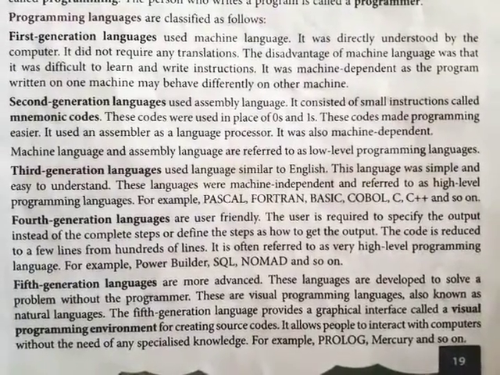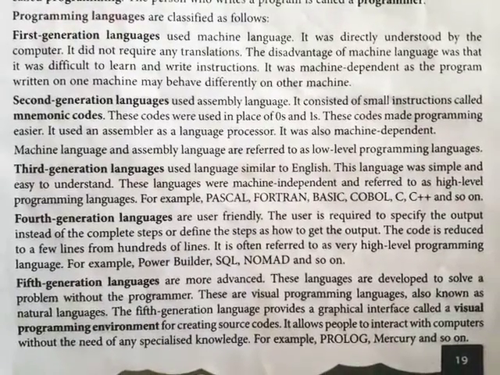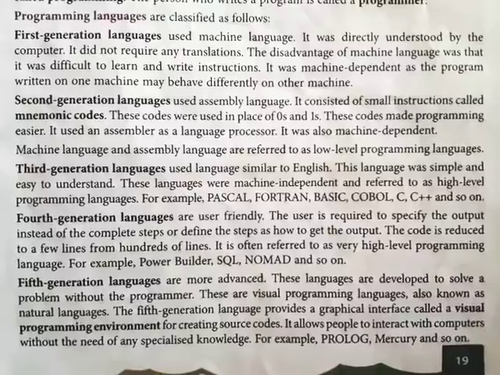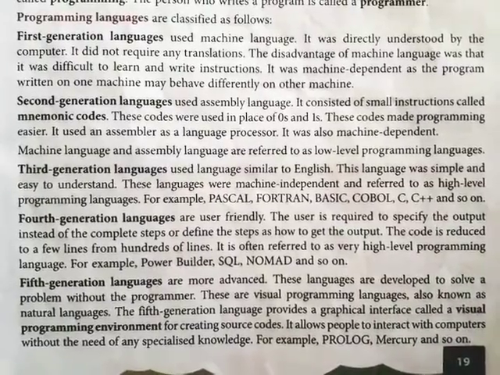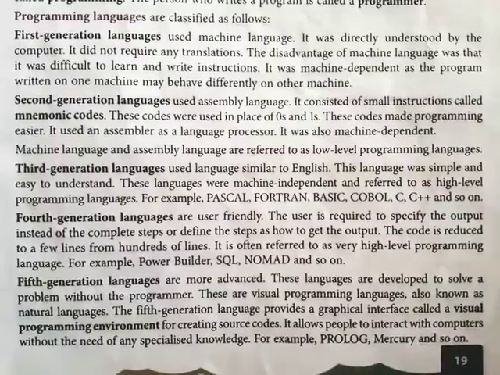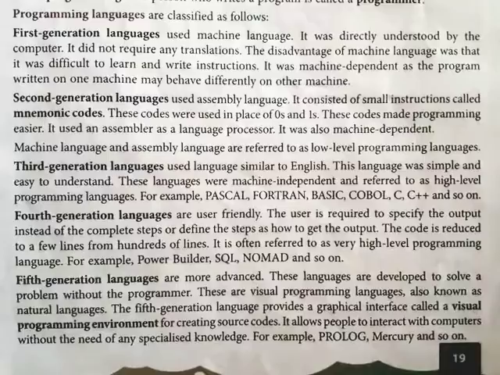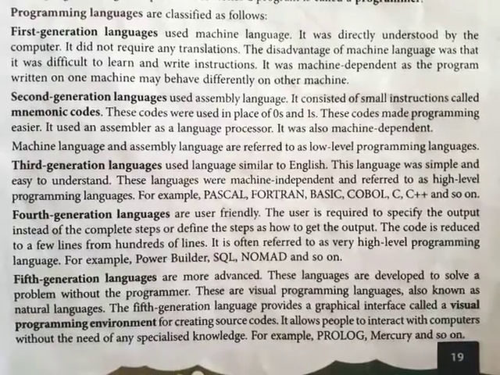Dear students, first generation languages were machine languages which were understood directly by the computer system. So that is why these programming languages were very difficult to learn, and it was difficult to write instructions.